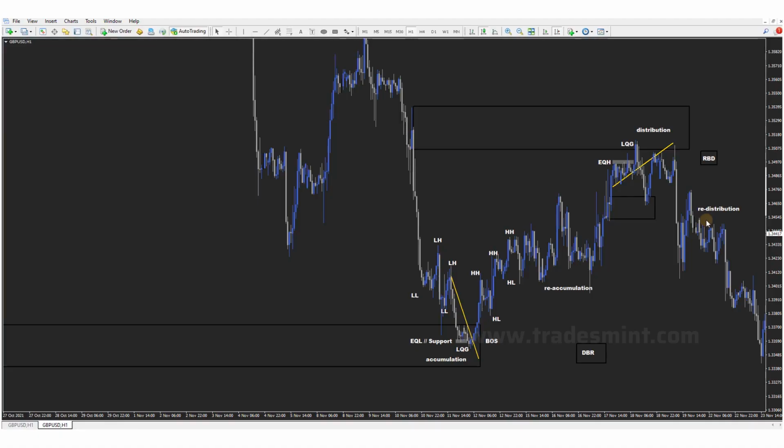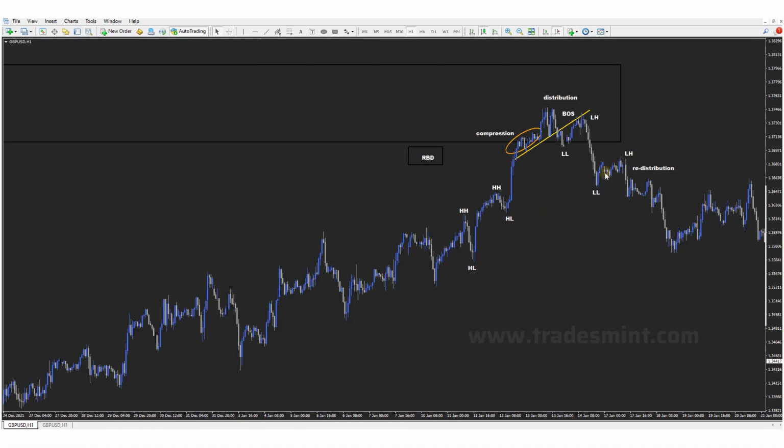messages, what is the accumulation, why you are talking about this? I use accumulation after a big drop when price is ranging in the demand, and I use the terminology distribution when price is ranging on the supply, because sellers are creating the liquidity to make the price ready to be distributed.